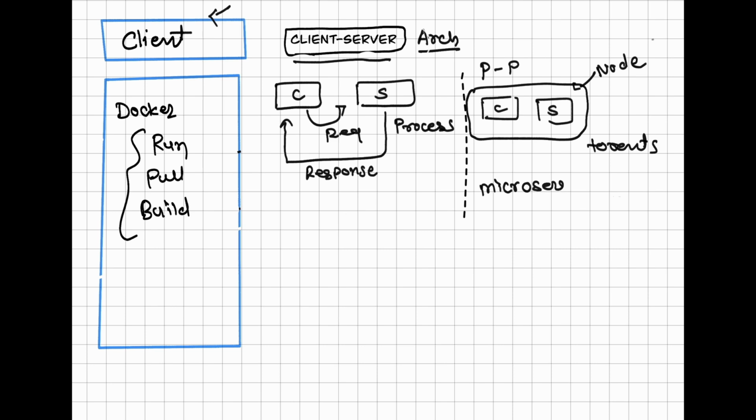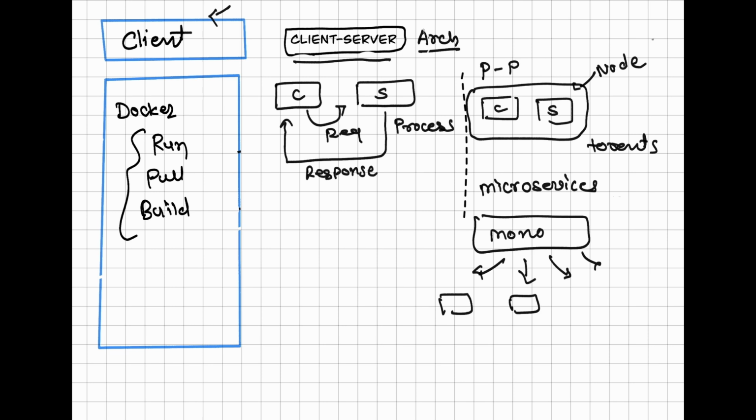Then there's a microservice architecture where a single monolith application is divided into small chunks of services. So there will be a single monolith and 4 services, for example, and when the client requests, all the requests go to all the microservices and get the response back to the client.